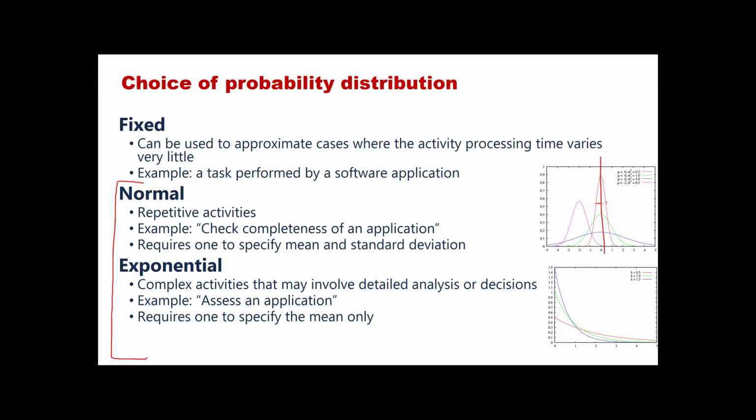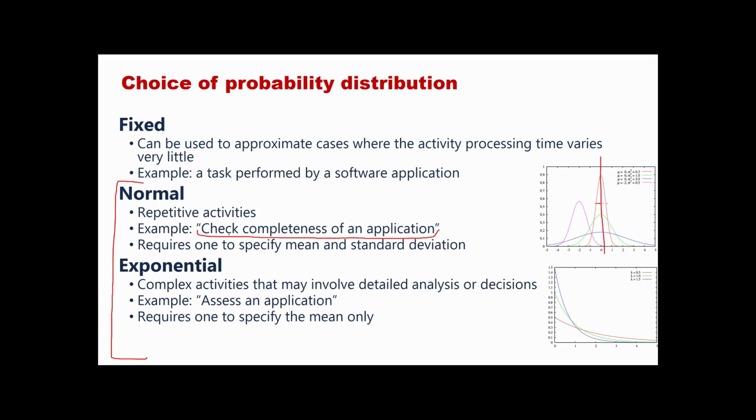So we have this average execution time. In a normal distribution, we have a mean and we have a standard deviation, which is a measure of the spread of the numbers around the mean. Very typically, repetitive activities, or what we call clerical activities, that require following a very well-defined procedural checklist can be modeled using a normal distribution.